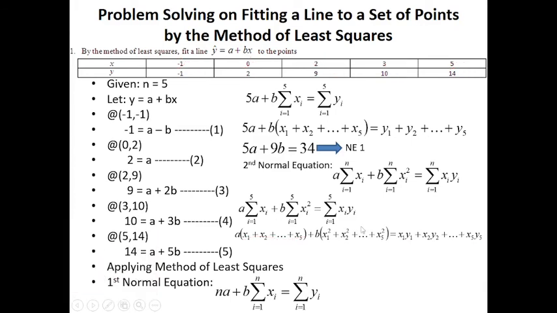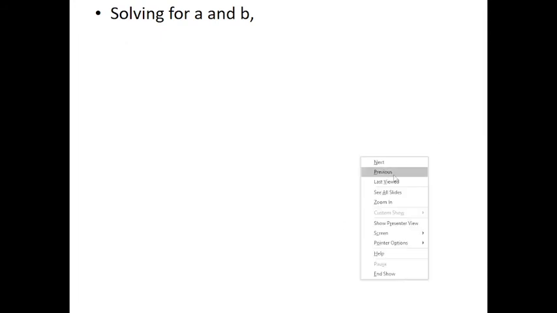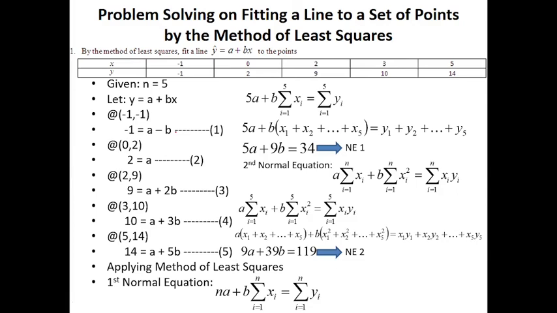And then we have the normal equation now. 9a plus 39b equals 119. This is the second normal equation. Solving for a and b. Okay, alam nyo nang gawin yan, kung paano makuha yung a and b. Kasi you have the two equations, right?